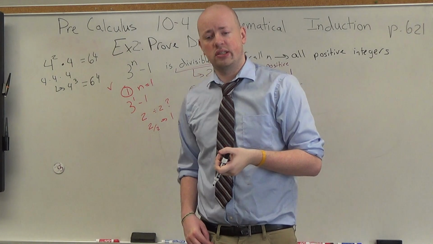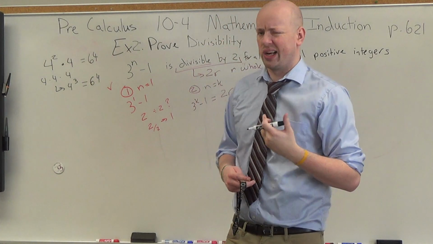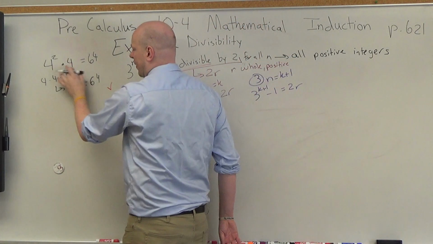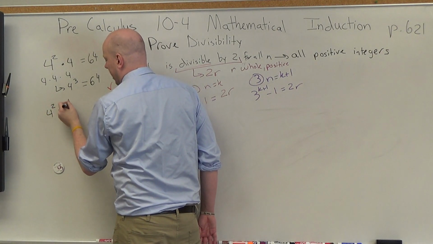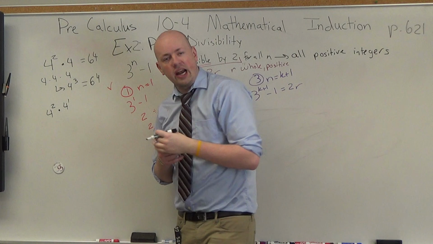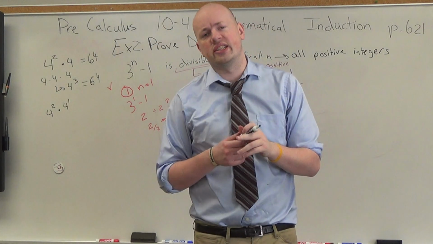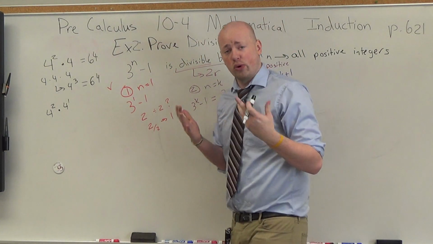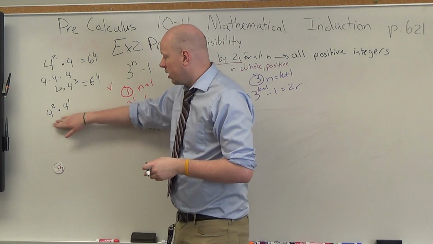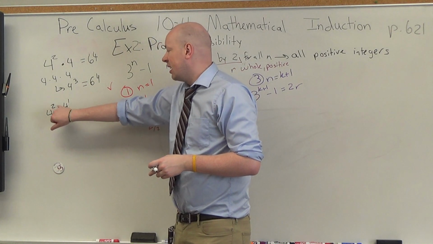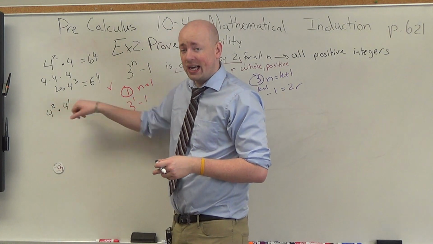But let's take it one step in a different direction. I can rewrite my original expression as 4 squared times 4 to the power of 1. Because again, anything to the power of 1 doesn't change the integrity of it. The power rule for exponents says that if I multiply by something with the same base, all I have to do is add exponents.